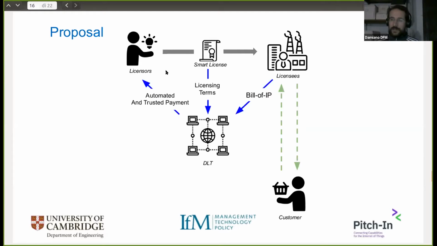So the licensor gets his royalty payments as before, but now he can trust such payments because they're not computed and managed locally by the licensee, but instead are managed by the DLT, which in turn only relies on the code, the logic which is transparently written in the smart license.